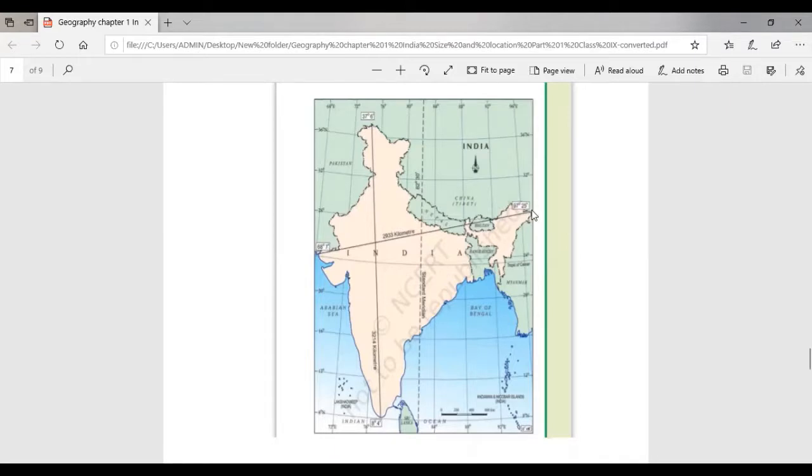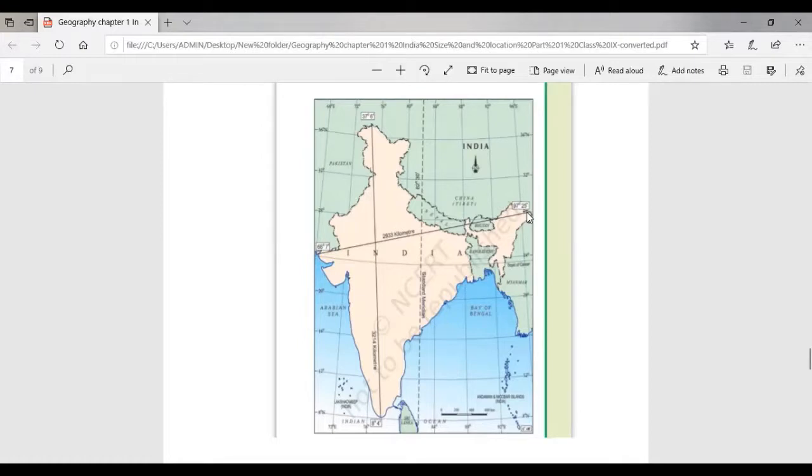The longitudinal gap between Arunachal Pradesh and Gujarat is about 30 degrees. Since we cannot afford to have two different timings, we adopted the standard meridian of India. Here in this map, this dotted line is the standard meridian of India. It is also known as Indian Standard Time.